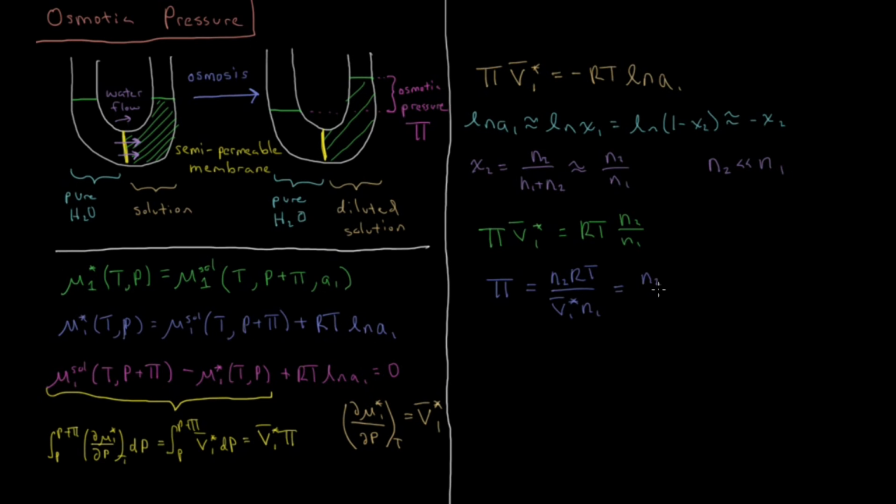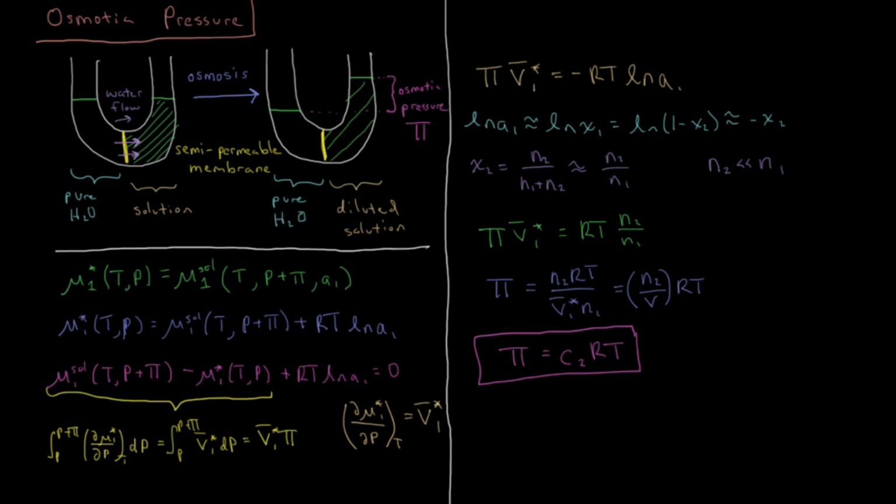So we have N2 over V times RT here, but N2 divided by volume, so we have the number of moles of solute divided by the volume of solution. That is just the definition of molarity. So what we have indeed found is consistent with what we claimed a few videos ago, and that the colligative property of osmotic pressure is just going to be the molarity of our solute times the gas constant times temperature.